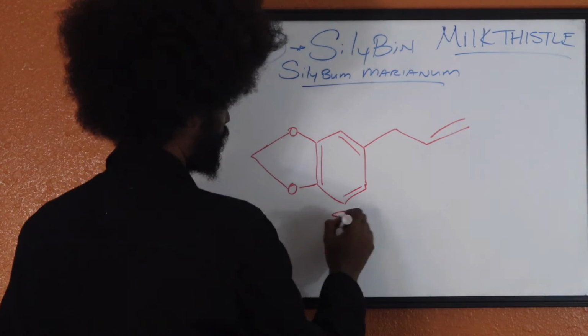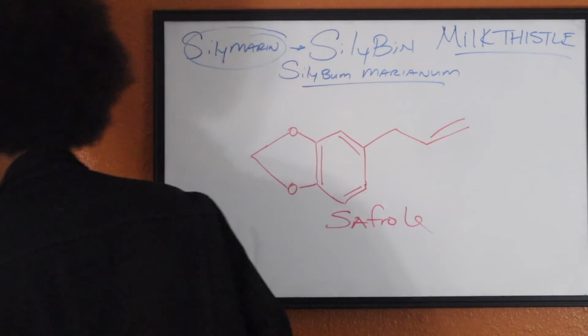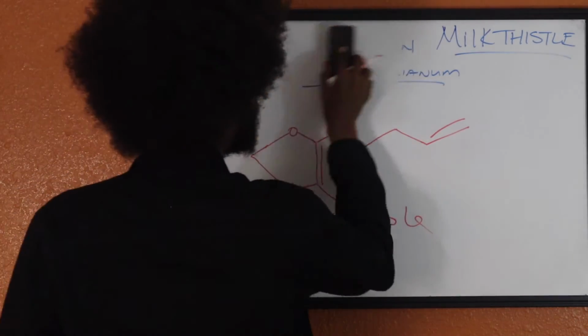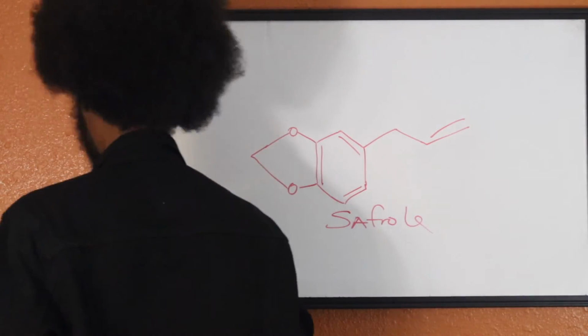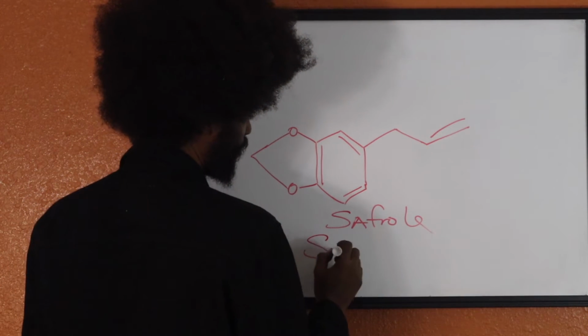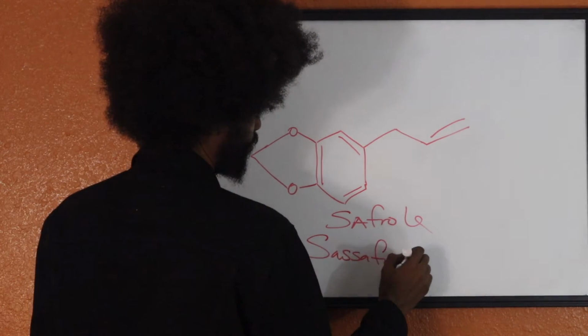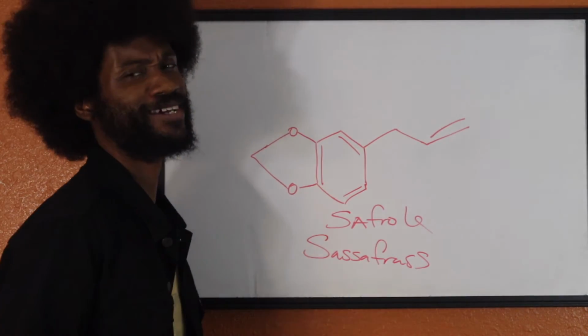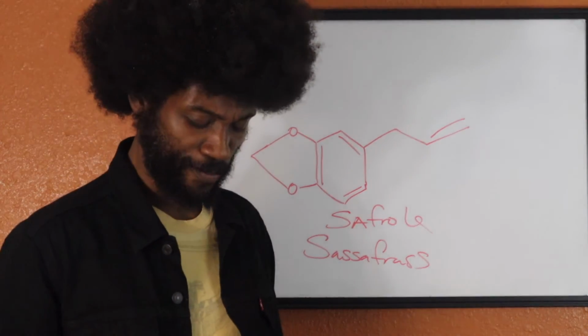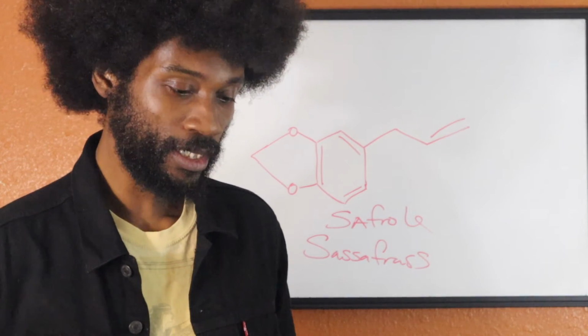All right, so this is safrole. Safrole you find mainly in sassafras. Okay. Sassafras is a real powerful herb. I mean, when it comes to this land, it's very holy.